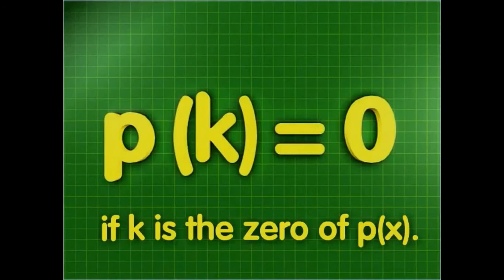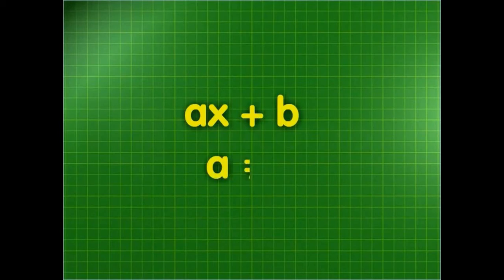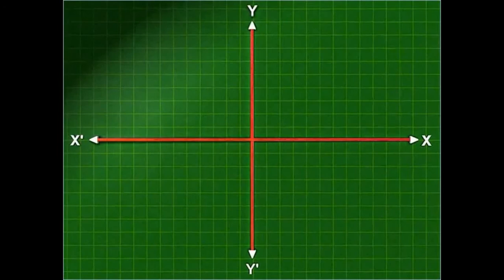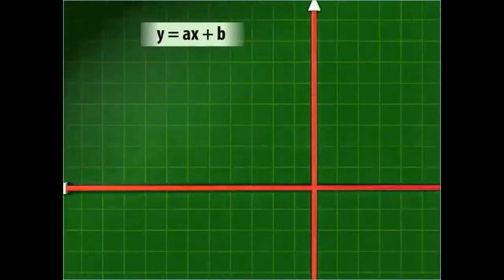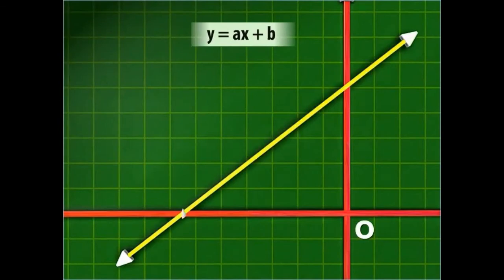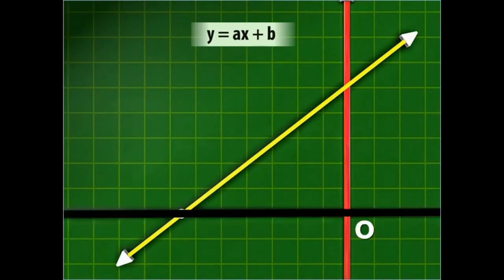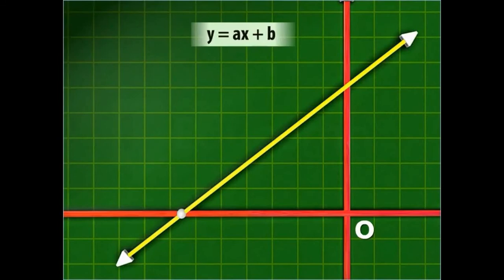Now let's look at the geometrical meaning of the zeros of a polynomial. Consider a linear polynomial ax plus b where a is not equal to 0. Here, the graph of the equation y equal to ax plus b is a straight line which intersects the x-axis at exactly one point, that is, minus b upon a.